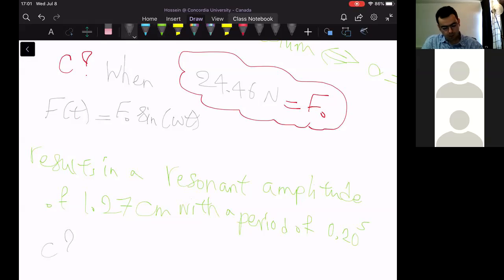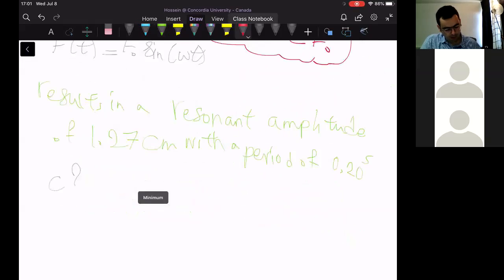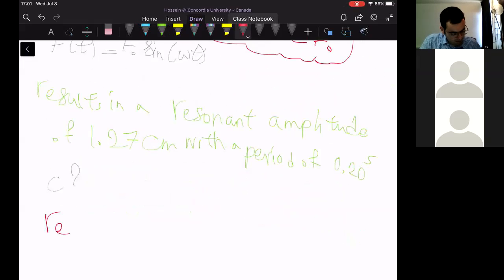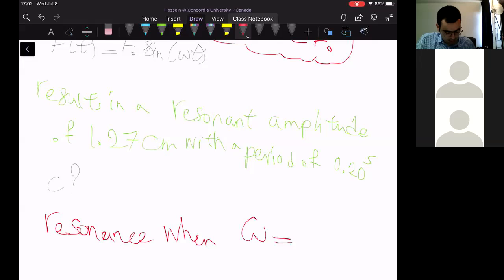So resonance occurs when the excitation frequency is equal to the natural frequency of the system.